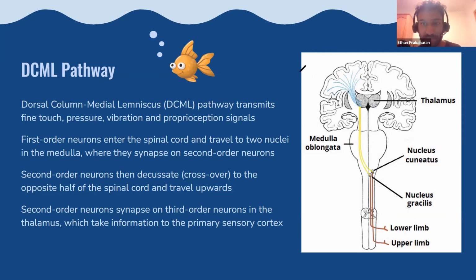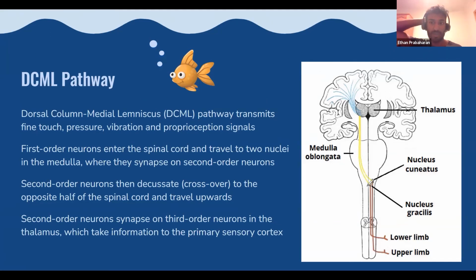Okay, and then the overall map of the nerves. So following on from what I said before, we have first order neurons that come from the receptors. They enter the spinal cord and they'll actually travel up into the medulla, which is in the brainstem, right? So they don't synapse straight away, they enter the spinal cord and then go up a little bit.